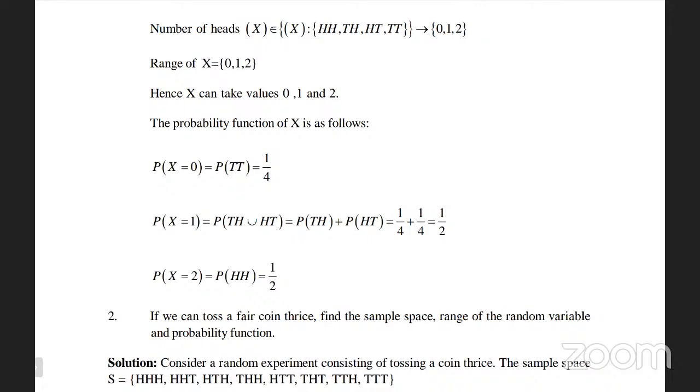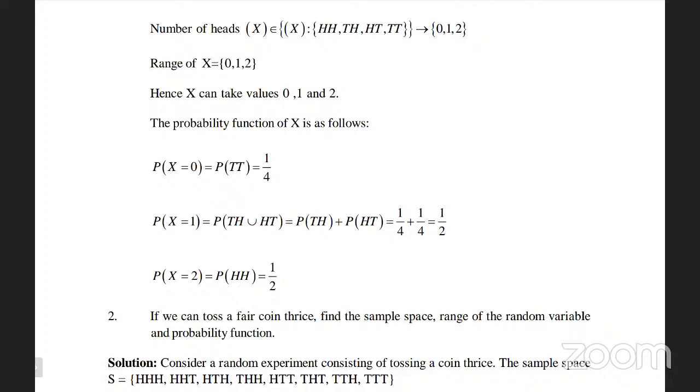ఓకేనా? ఓకే సార్. అలాగే X ఈక్వల్ టు 1 అంటే ఒక హెడ్ ఉండడానికి, అప్పుడు P of TH ఒకటి ప్లస్ P of HT ఒకటి. ఆ రెండిట్లో TH లో కూడా ఒక హెడ్ ఉంది, HT లో కూడా ఒక హెడ్ ఉంది. అంటే 1/4 ప్లస్ 1/4 2/4. 2/4 అంటే ఎంతమ్మా? 1/2. అంతేనా? అంతే సార్. నెక్స్ట్ P of X ఈక్వల్ టు 2. 2 హెడ్లు ఉండాలి. 2 హెడ్లు అంటే HH మాత్రమే.